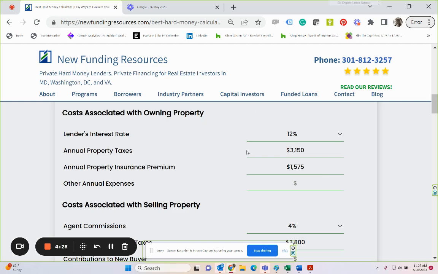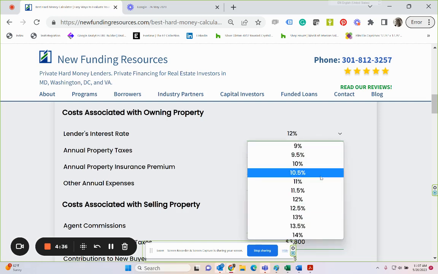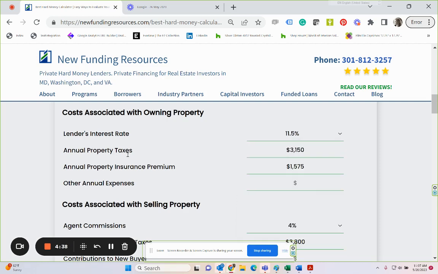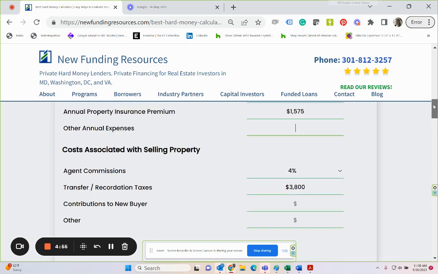So here are some examples of what it would be. Let's say your interest rate is, let's put it at 11.5, for example. Annual property taxes. Let's just reduce them a little bit. They might be a little bit too high here. So let's put 2,200. Annual property insurance premium. Let's keep it like this. And let's assume there's no other annual expenses that we can think of.